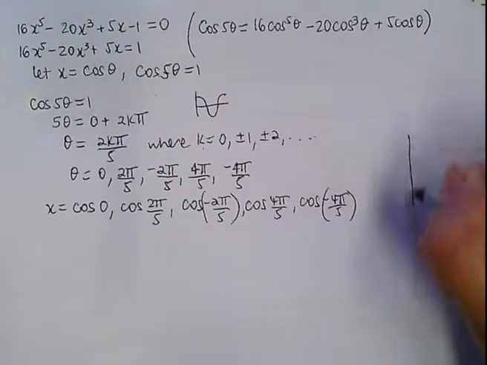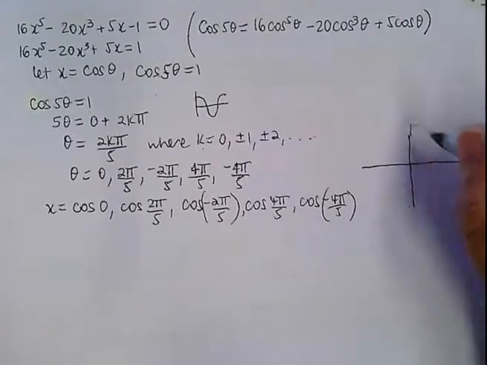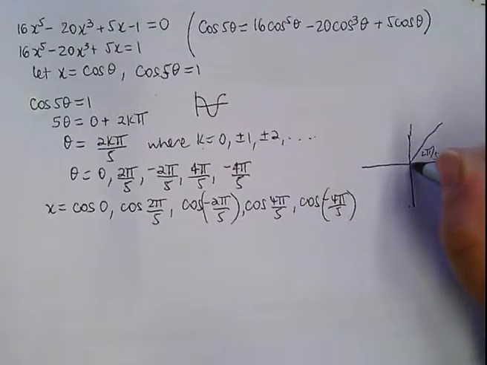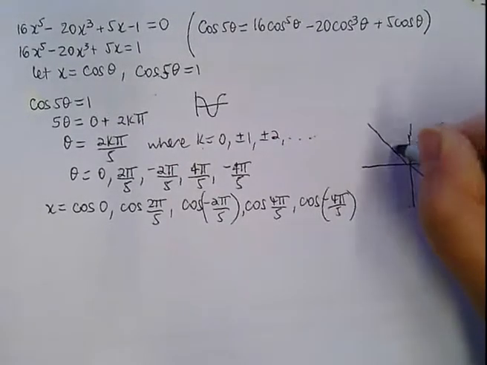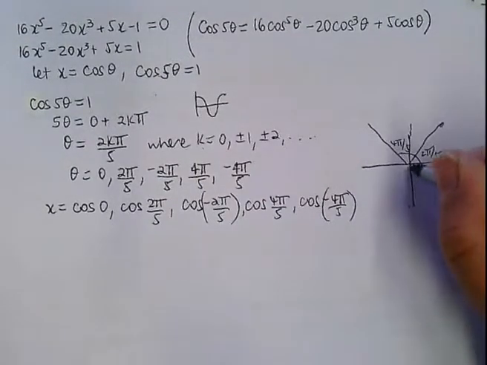Now if I put where these are, cos of 2 pi on 5 would be there. Cos of negative 2 pi on 5 would be here. Cos of 4 pi on 5 would be this angle all the way around there. And cos of negative 4 pi on 5 would be this here.